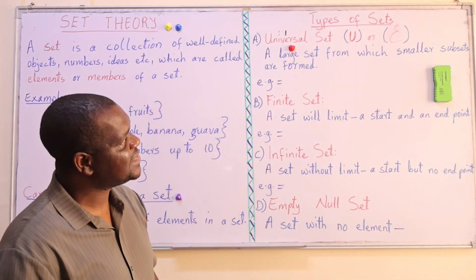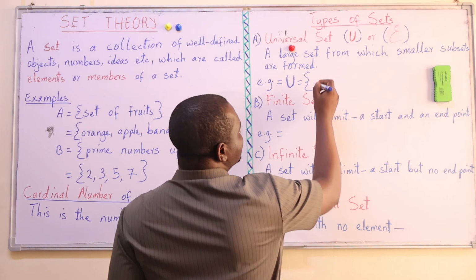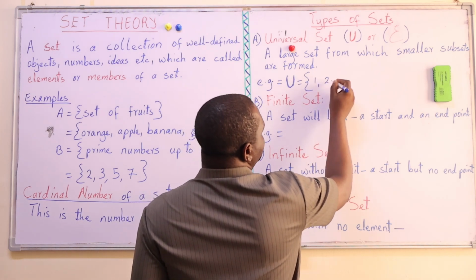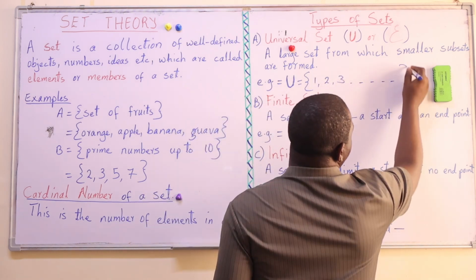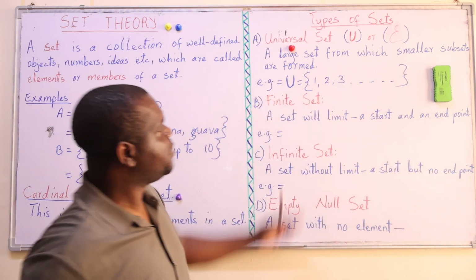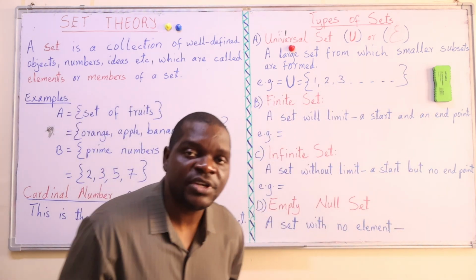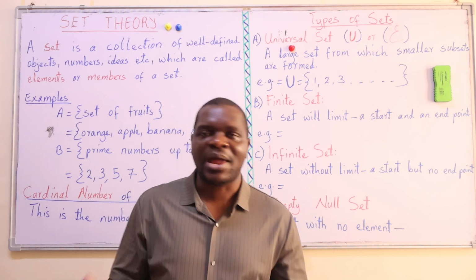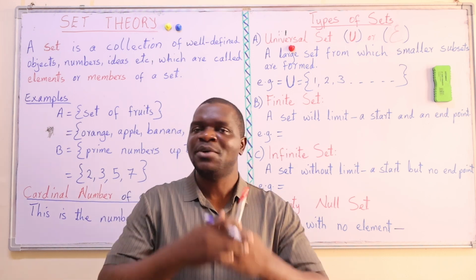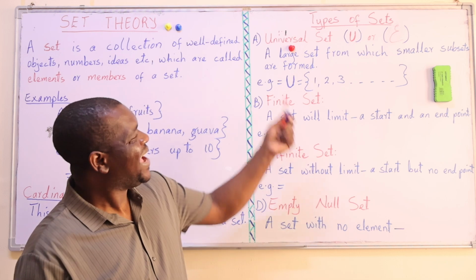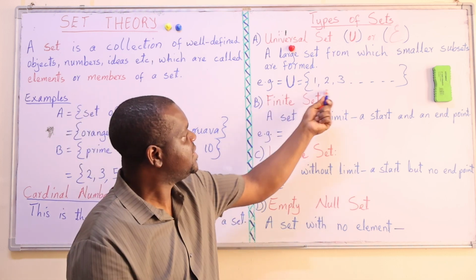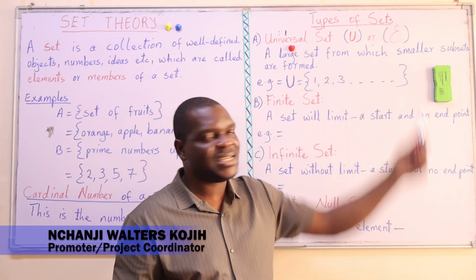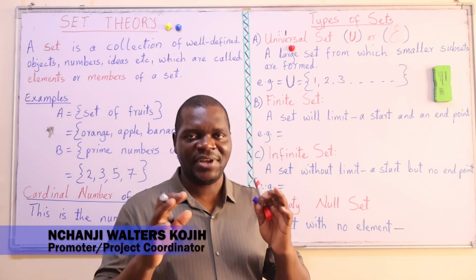Let's look at an example of a universal set. The universal set here is numbers 1, 2, 3 to infinity. This is a universal set because from this you can find even numbers, odd numbers, prime numbers, factors, multiples of different numbers, and these are subsets from this larger set. So this is an example of a universal set.